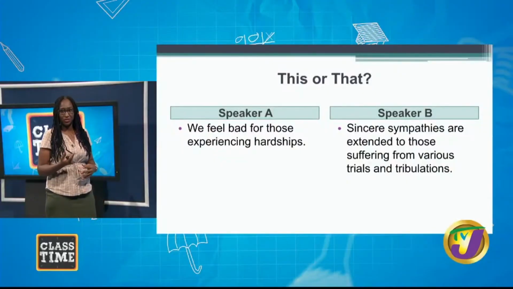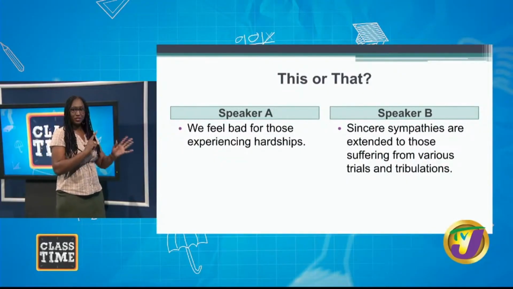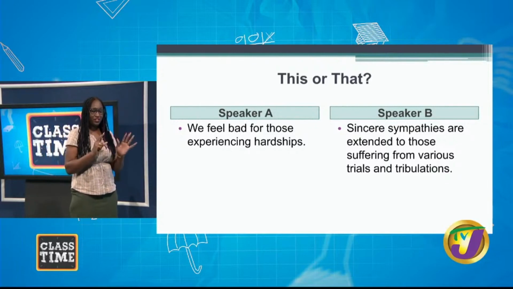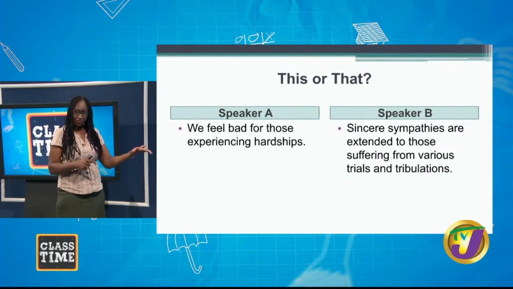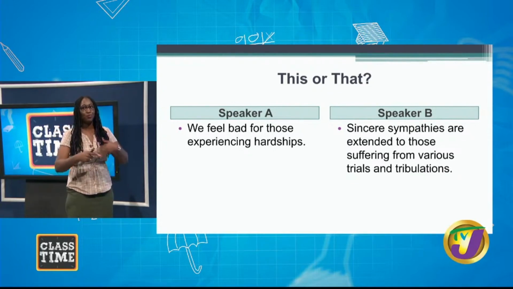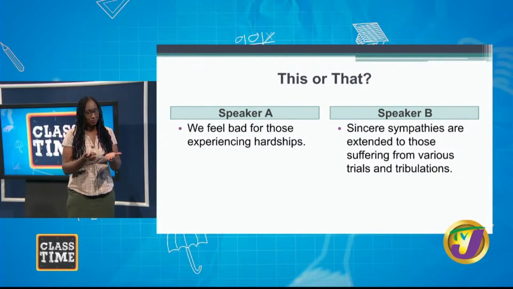You have the sincere sympathies and suffering, and then you have trials and tribulations. So two different examples of alliteration are being used together. That is fine, because you have a clear case of one and a clear case of the other, and they're both working together to emphasize what? That we feel bad for those experiencing hardships.